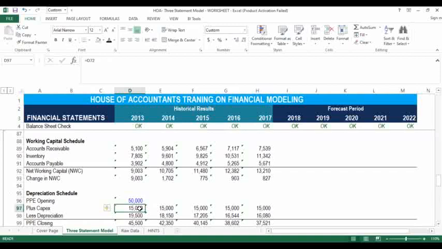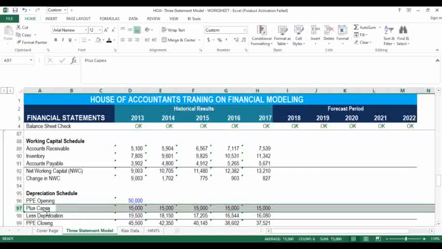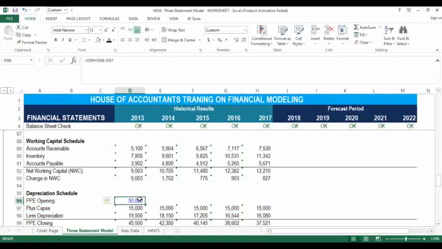Because this expenditure would have been there at that time, but the value of that asset will be that depreciation they remove at the end of the year, then plus that 45. So what we are saying is that the opening balance of the assets will have been 50,000 at the beginning.